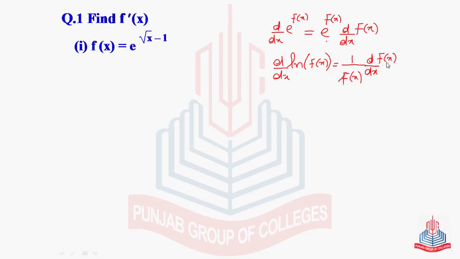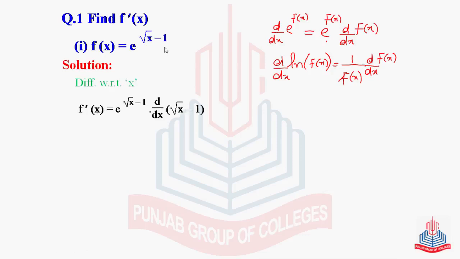So now we explain these two formulas with the help of questions. So we have our first part, f of x is equal to e raised to the power square root x minus 1, and now we have to differentiate this function. Solution: differentiate with respect to x, the derivative will apply on both of these two sides.